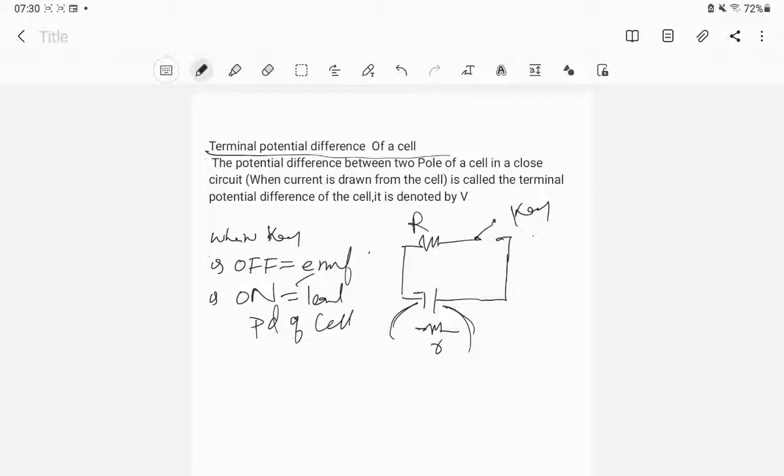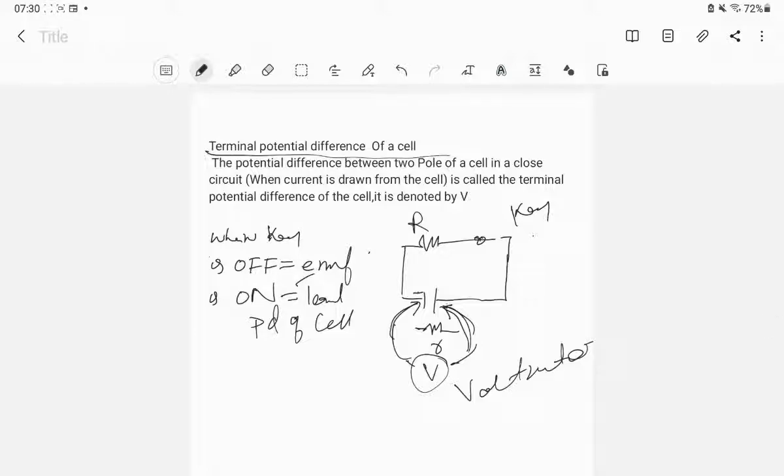Whereas terminal potential difference of a cell means when the cell is switched on. When it is on, what is the potential difference we are getting? So we have to check using a voltmeter. So whatever reading we get, that reading is called the terminal potential difference of a cell.